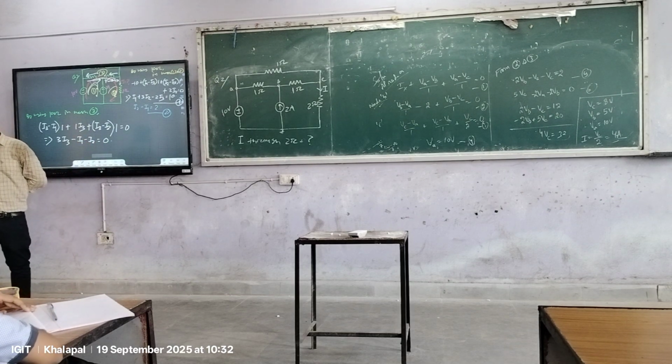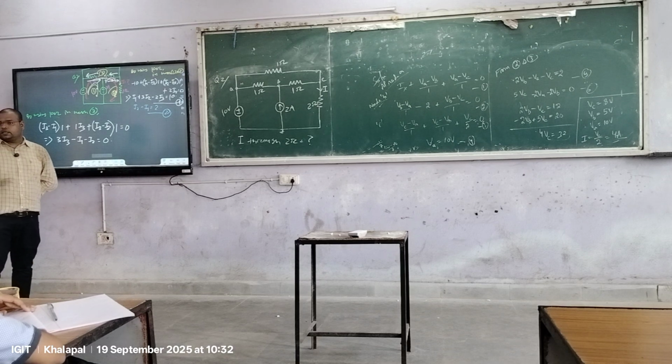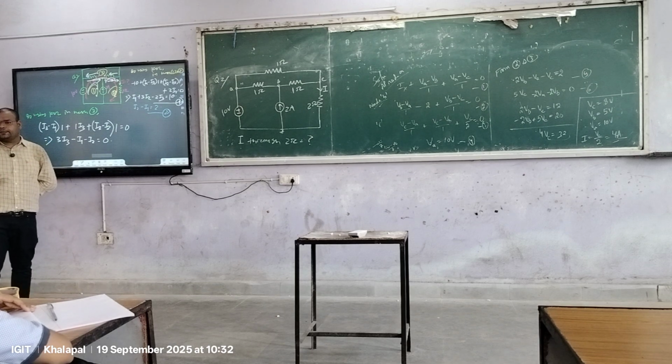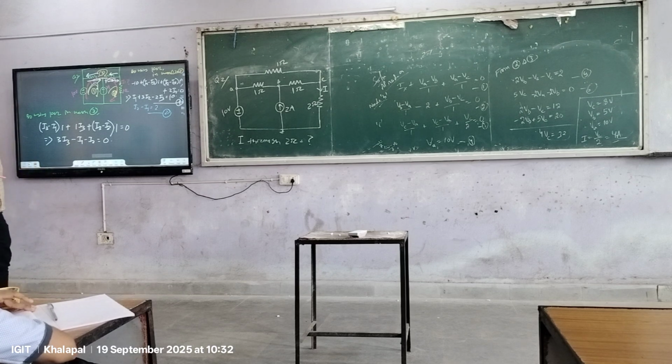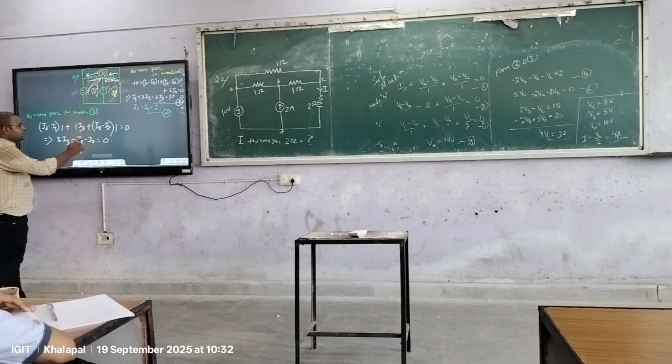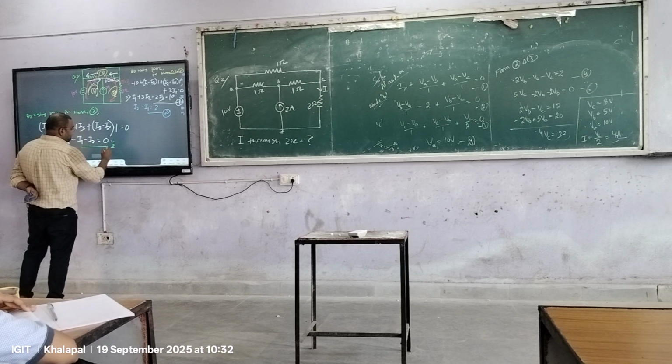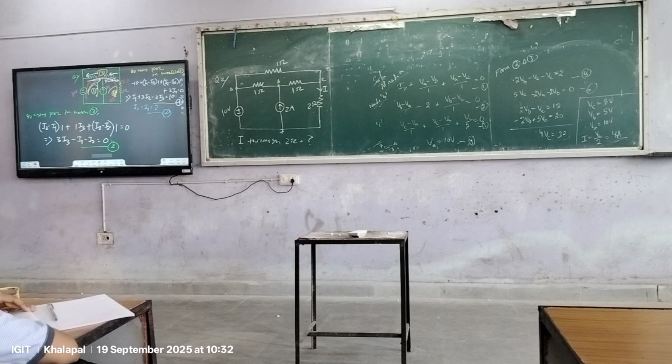3 variables, 3 equations. The 3 variables are I1, I2, I3, and we are getting 3 equations. Can you solve these 3 equations and get the values of I1, I2, I3? This one is equation 1, 2, and this one is equation 3. What values are you getting?